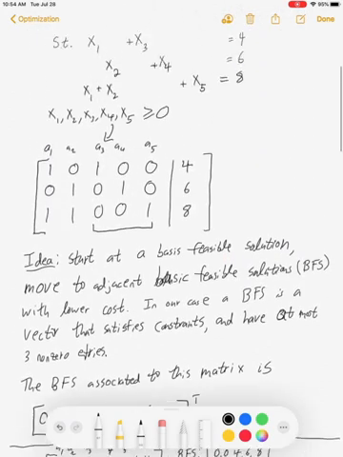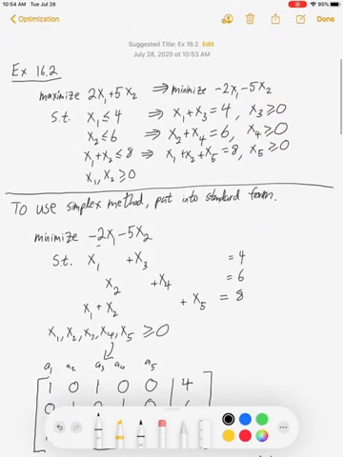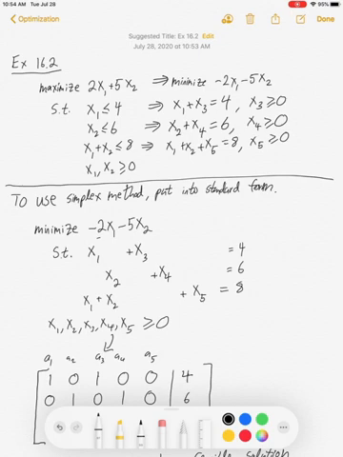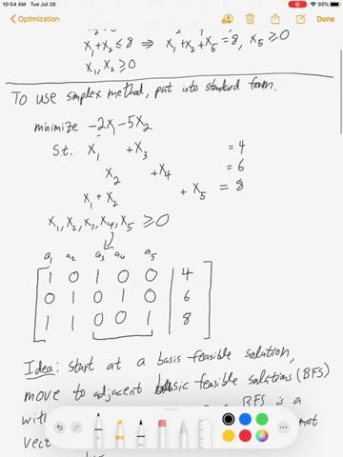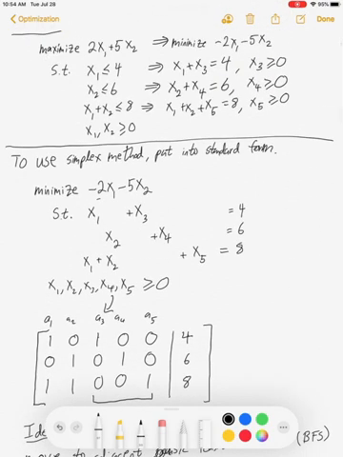And then if we think back, what did we want to do? We wanted to find x1 and x2 that maximize 2x1 plus 5x2. Well, those are going to be the same values that minimize -2x1 minus 5x2.